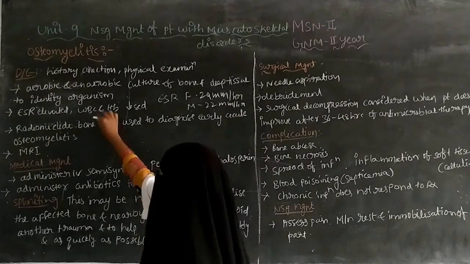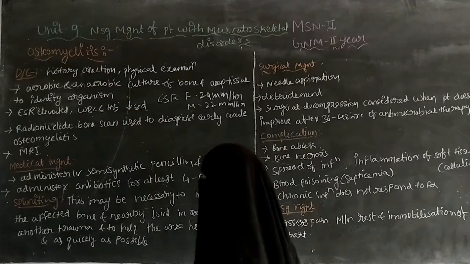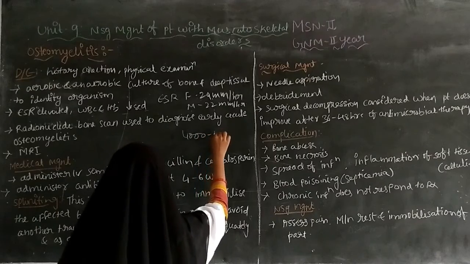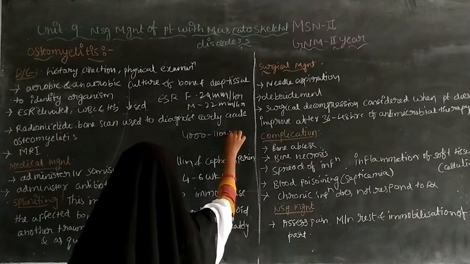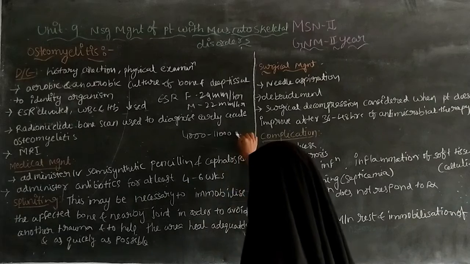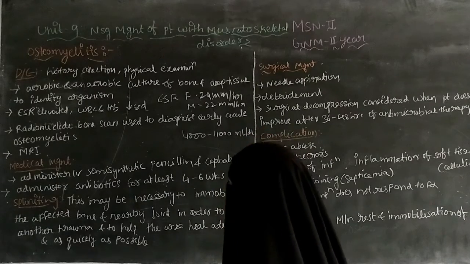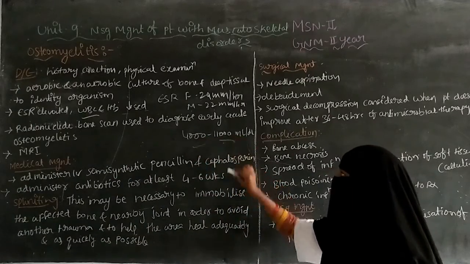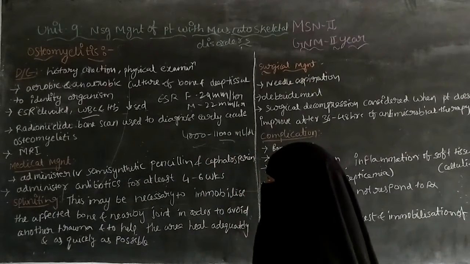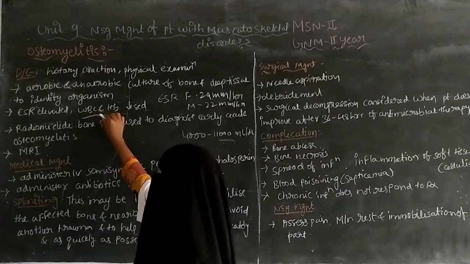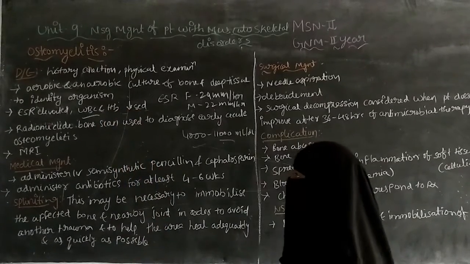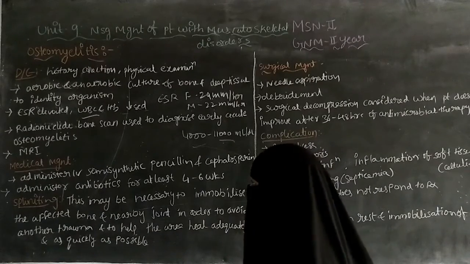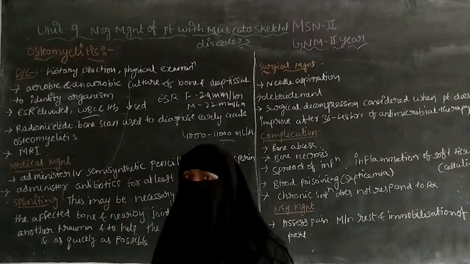Next, the WBC and hemoglobin can be decreased. The normal WBC count is 4000 to 11,000 per microliter. The hemoglobin level and the WBC count can be decreased, and the ESR becomes elevated.